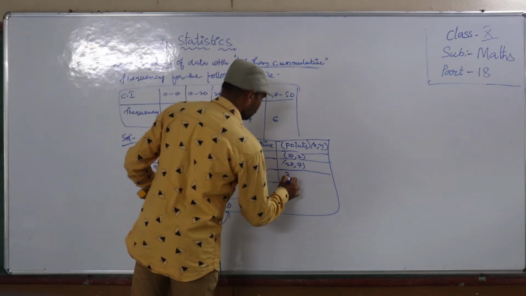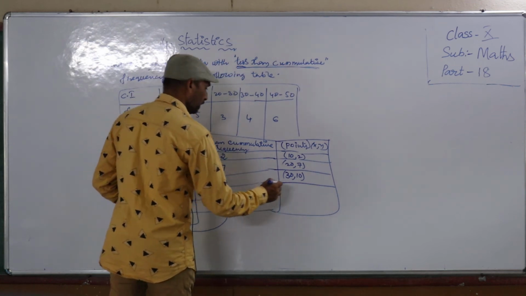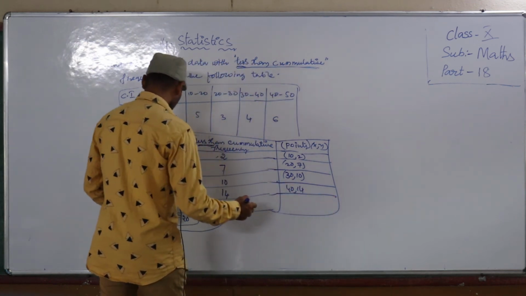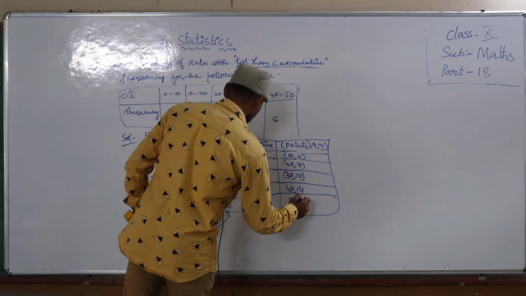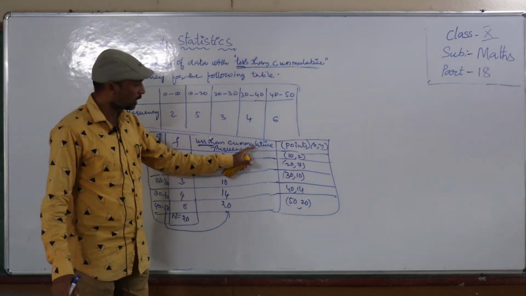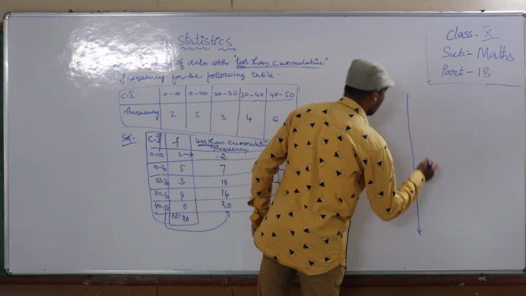Then 30, 10, 40, 14, and 50, then 20. So these points we have to keep on the graph.